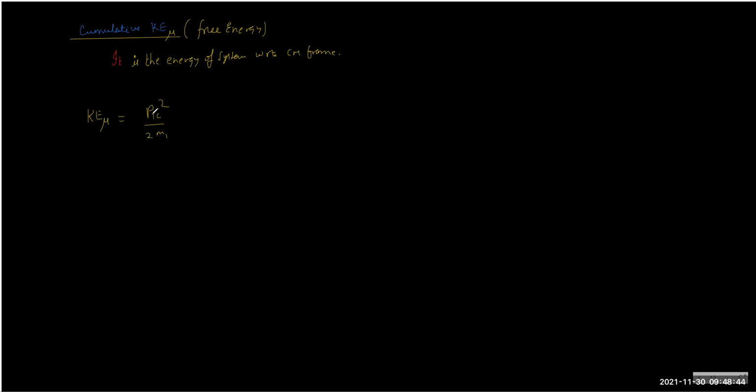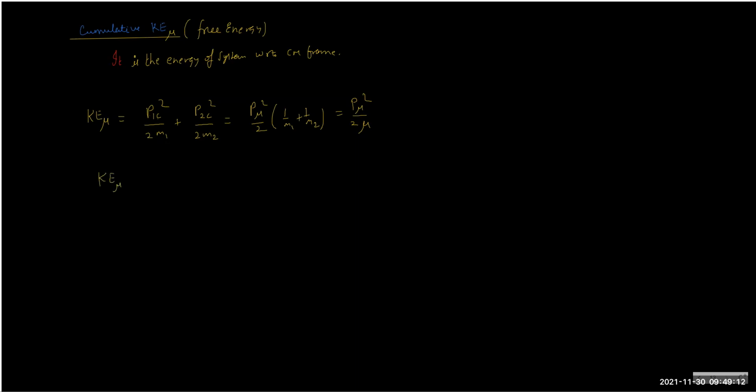For the first particle, I can say P1 squared by 2m1, and for the second particle, P2 squared by 2m2. And it is actually P_mu squared by 2 times (1/m1 + 1/m2), which is essentially P_mu squared by 2 mu. That's the only difference. And that's very easy to write because we know the reduced mass, we know the momentum in the CM frame, and we can add them.